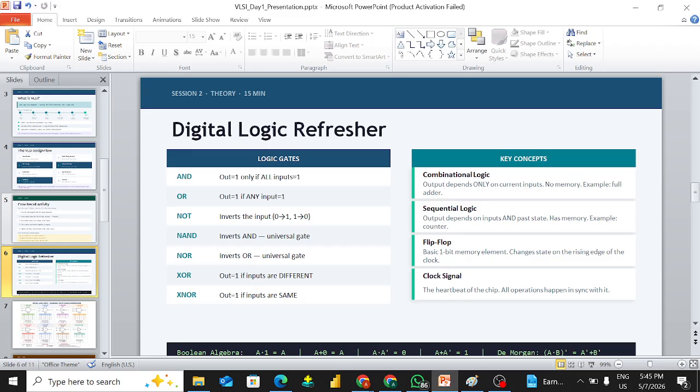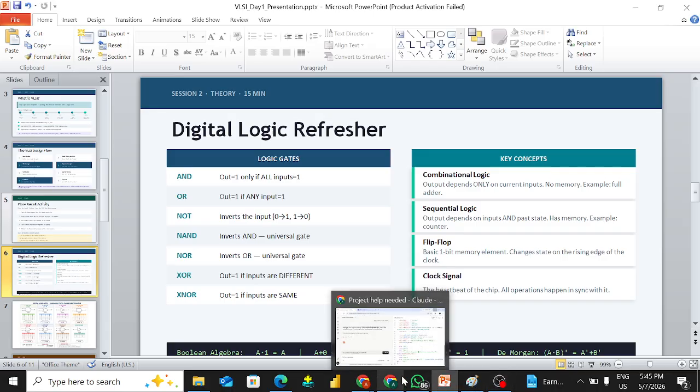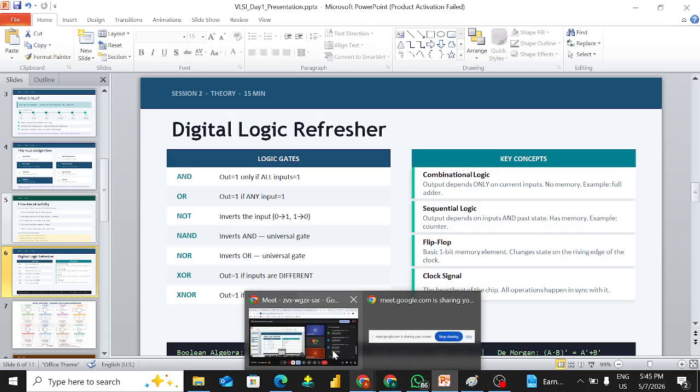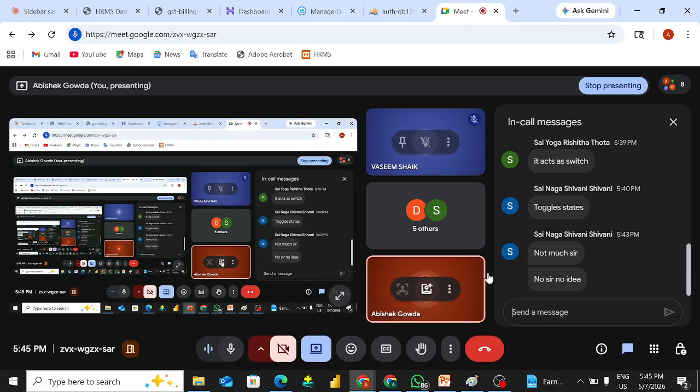Can you guess what these building blocks will be? Most of you, whether you are from EC or other branches, will be familiar with the word I am going to say.